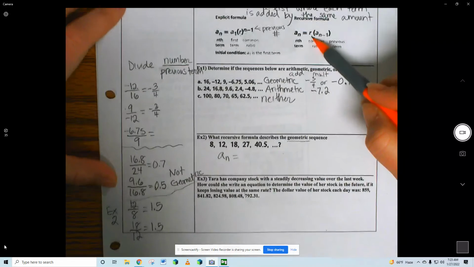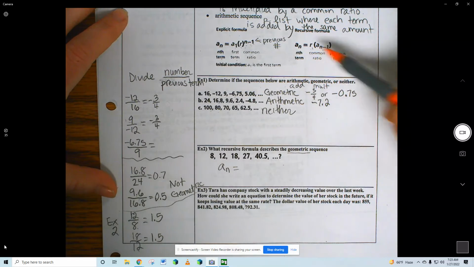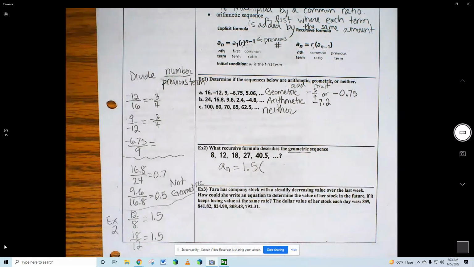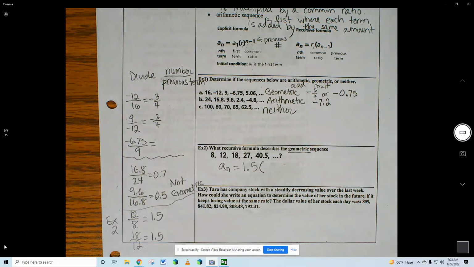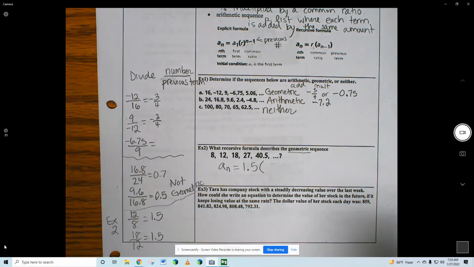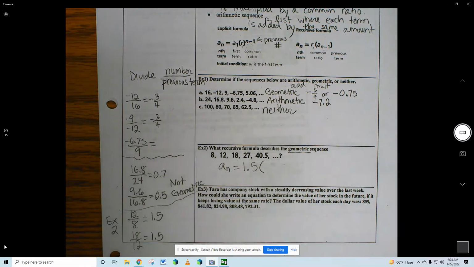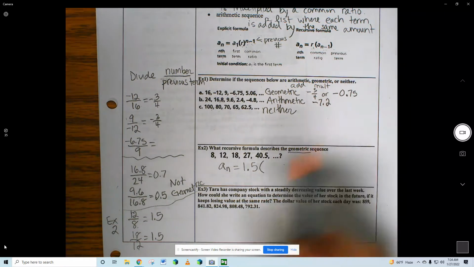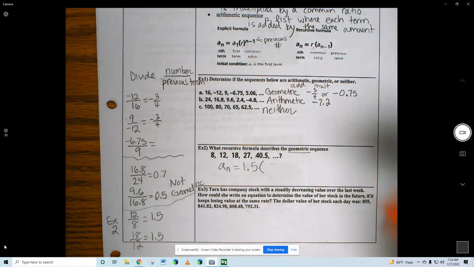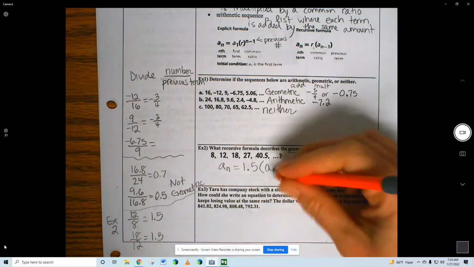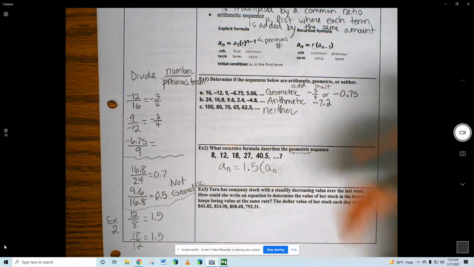Common ratio, 1.5, times the quantity, the previous term. And now there's all these terms in the list, but I keep in parentheses this a sub n minus 1. The minus 1 goes with the n. It doesn't go after the a.